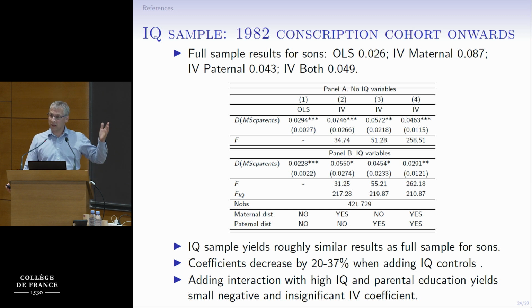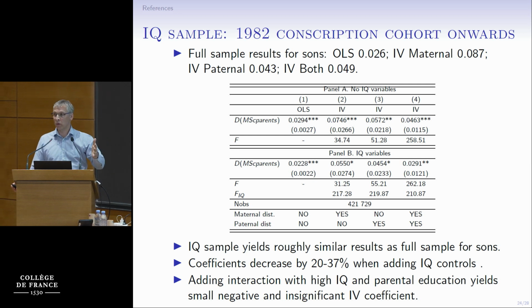But for us, it's sort of a roundabout way, because we're not measuring directly either father's education as the treatment or mother's education as the treatment, but rather where we see the local average treatment effects bite, depending on whose distances we use as an instrument.